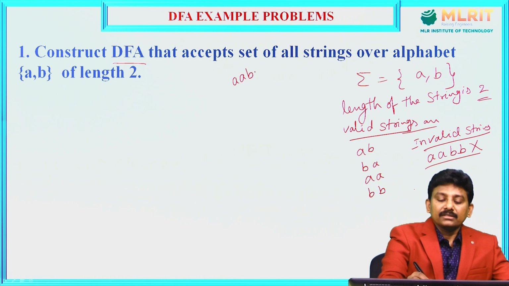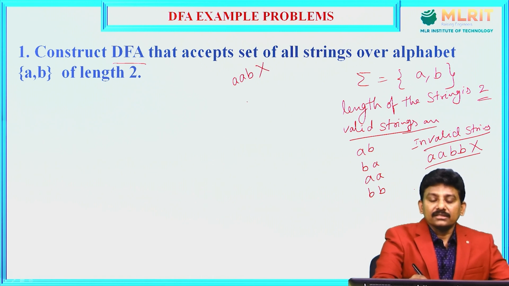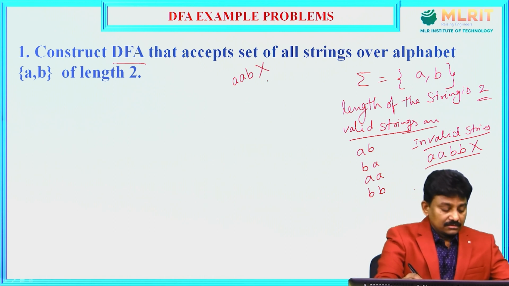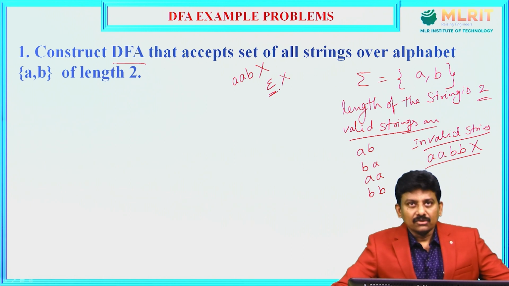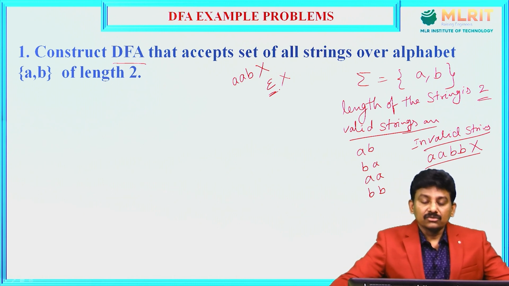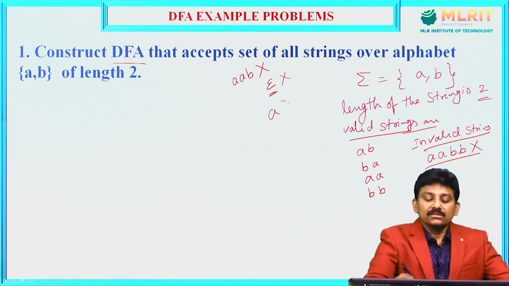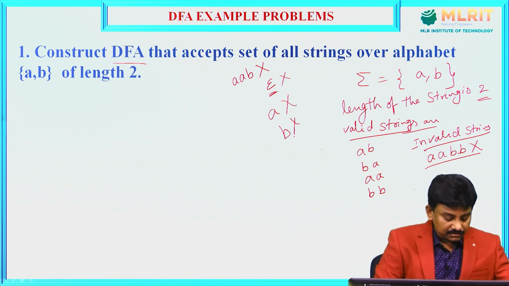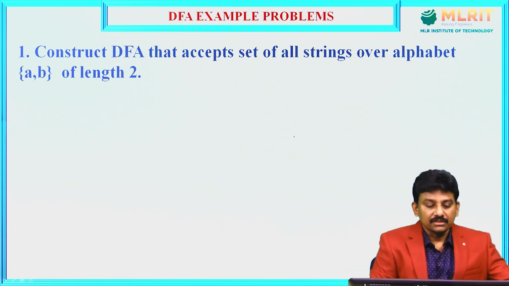ABA is also invalid because the length is 3, and epsilon is also invalid because epsilon has 0 occurrences of symbols. That means the length should be 2, and should not be 3, 4 or epsilon. A single symbol is also invalid. So, for that we need to construct a DFA.